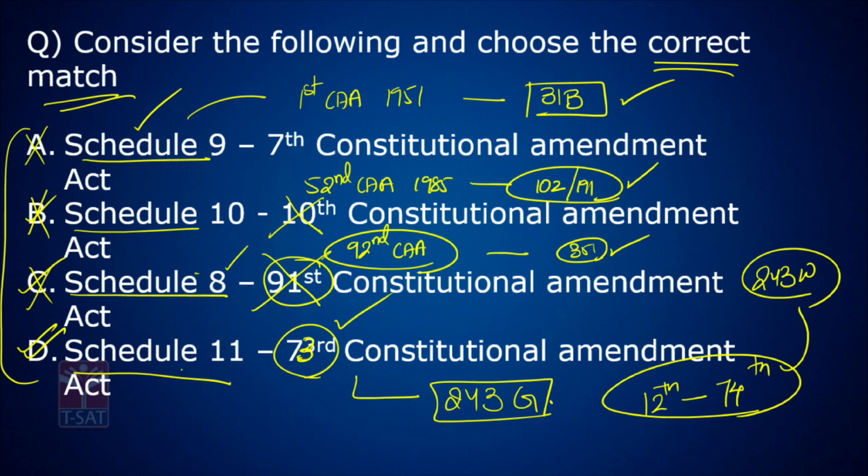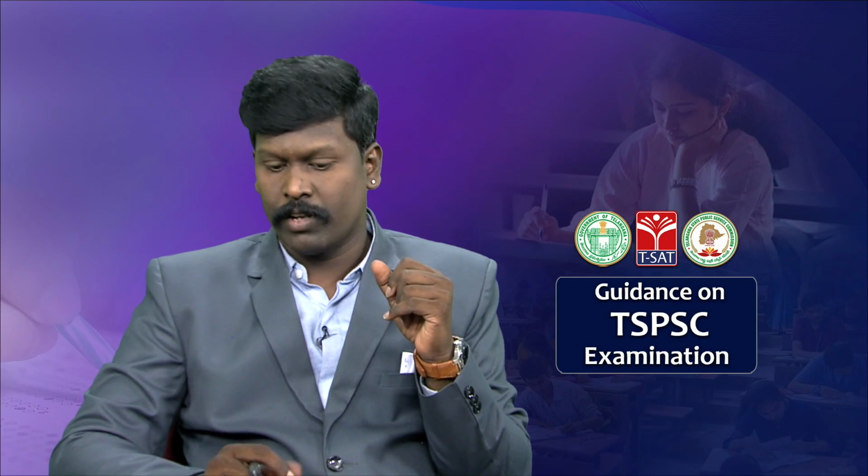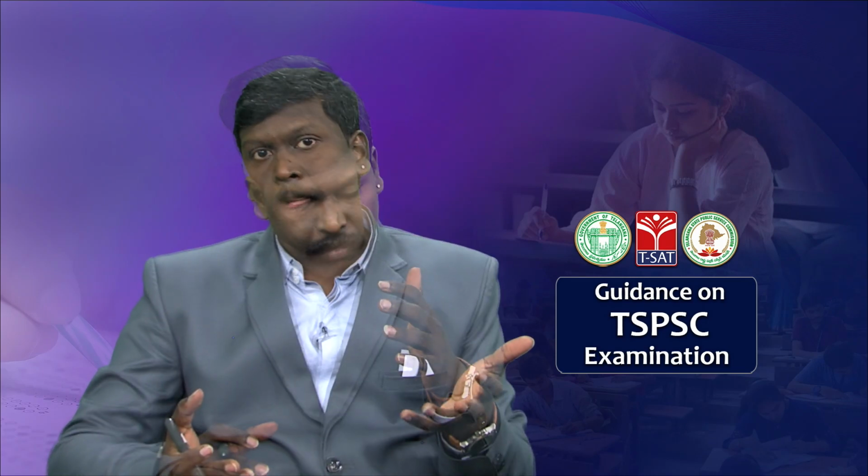So 9, 10, 11, 12, these are the 4 schedules added afterwards, after the Constitution came into force. So these are the major expected MCQs for your Group 1 prelims TSPSC.